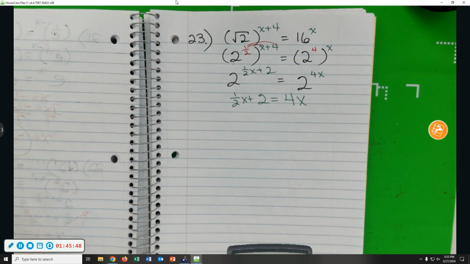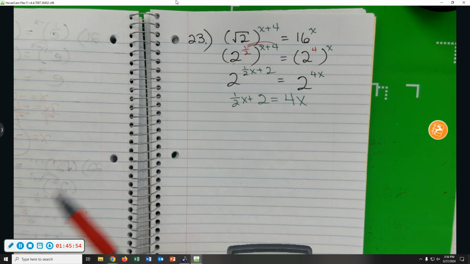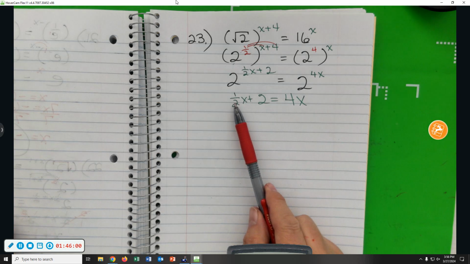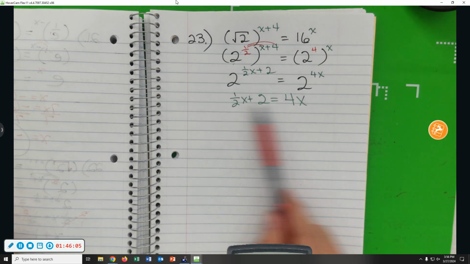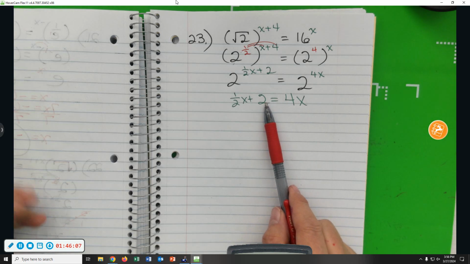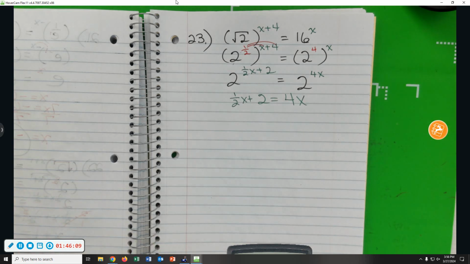What do you think I'm going to do here? Okay, I'm going to multiply through by 2. How many times am I going to have to multiply by 2? Not only do we have to multiply the things that have x's by 2, but remember you're distributing, so you have to multiply this 2 here by 2 as well.